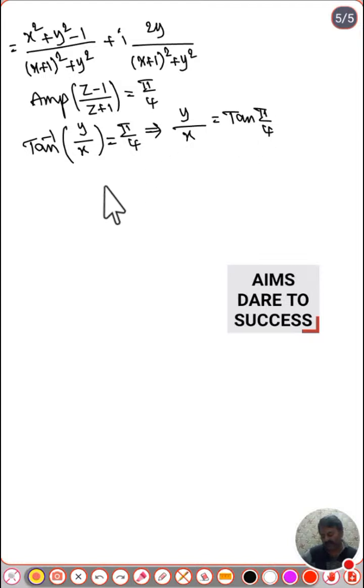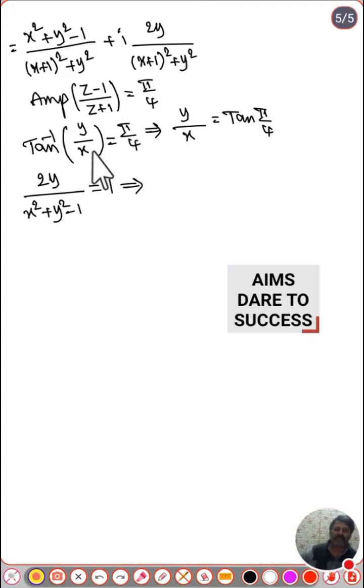The y value is the imaginary part, 2y, divided by the x value, the real part numerator, x square plus y square minus 1, is equal to tan pi by 4, which is 1. One more time, tan inverse y by x, here y is 2y, only the y value divided by the x value.